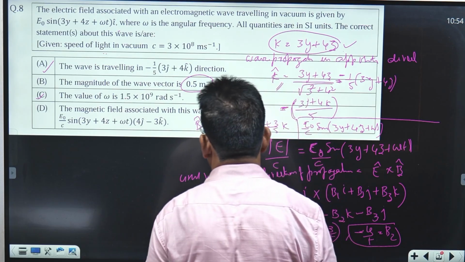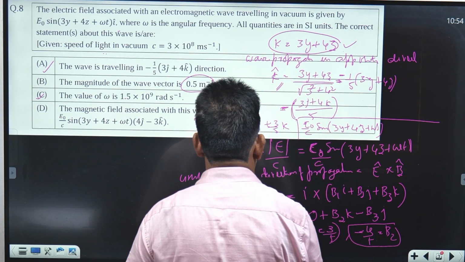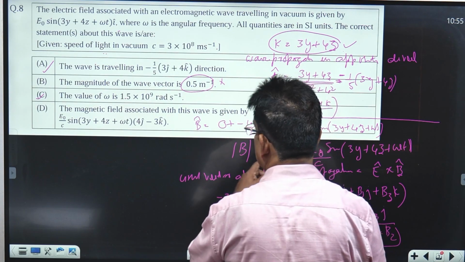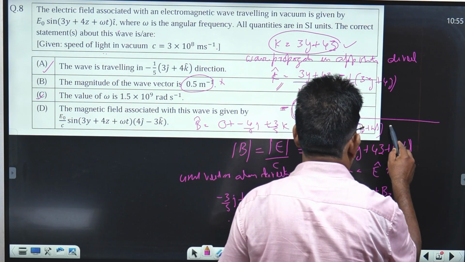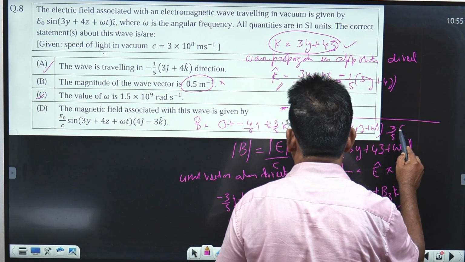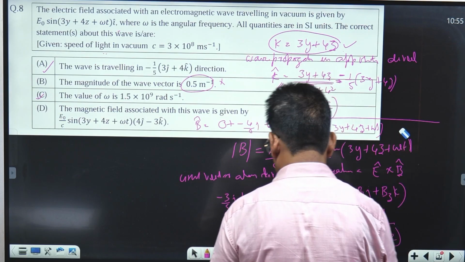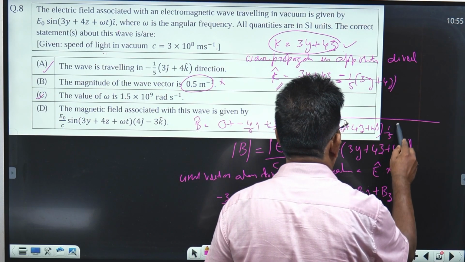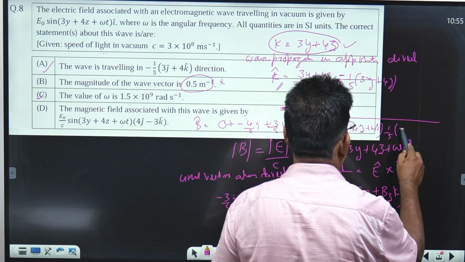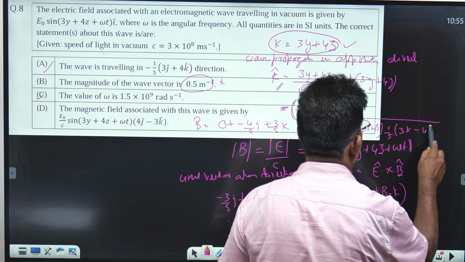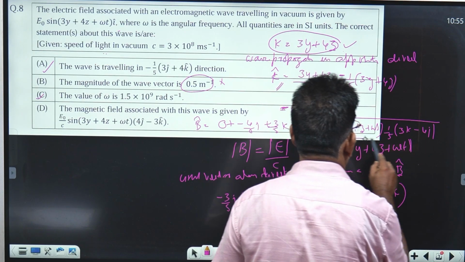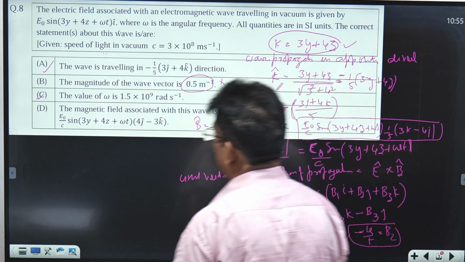Now the unit vector, I told you, gives a direction. The unit vector is coming to be how much? 1 by 5, not 3 by 5, (3k minus 4j). So this will be the magnetic field vector.